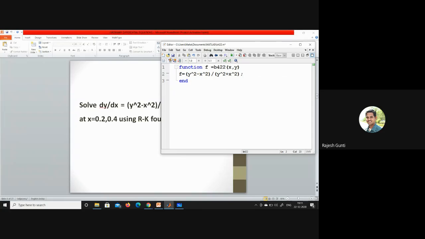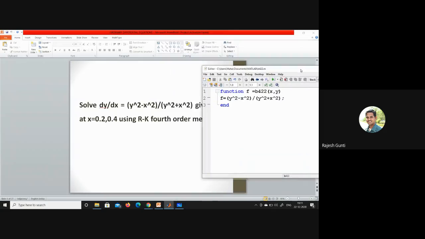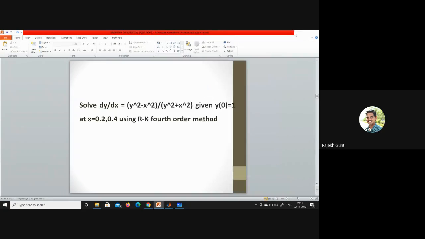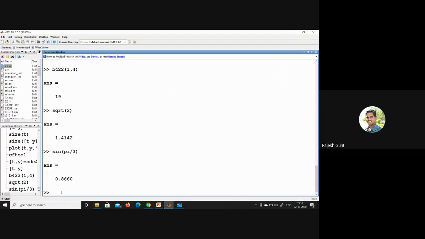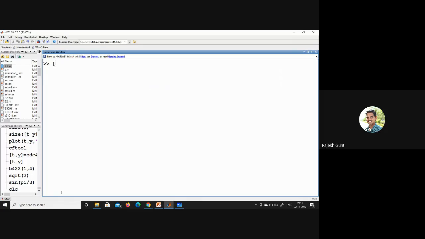How do we save this? Okay, I saved this differential equation. To find the solution: [t, y] = ode45, my function is the saved one, then tspan.